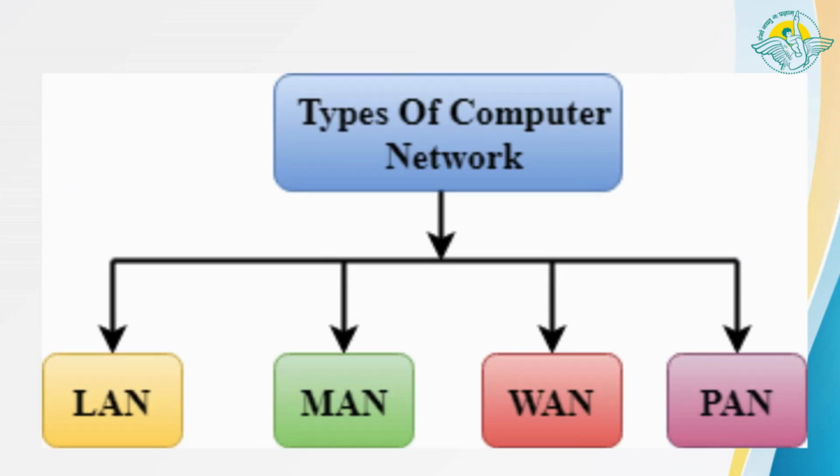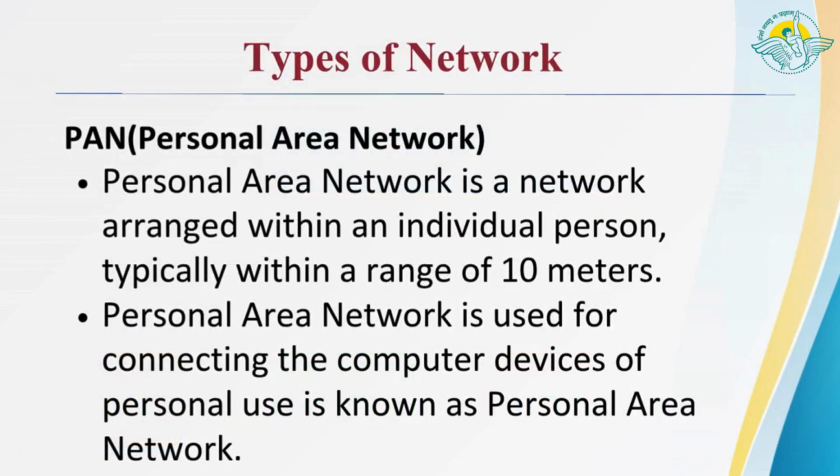So types of the network, we have four types of network: LAN, MAN, WAN, PAN. Personal Area Network, PAN, is a network when we connect the devices we have at our homes. For example, you have your computer, your laptop, your mobile phone, and you connect them at your home inside the range of 10 meters.